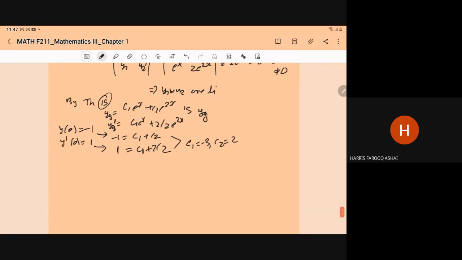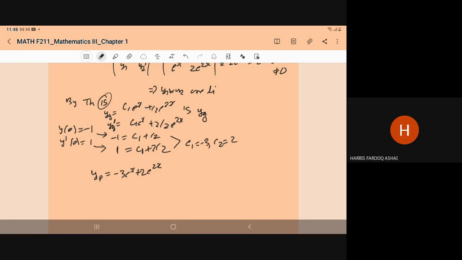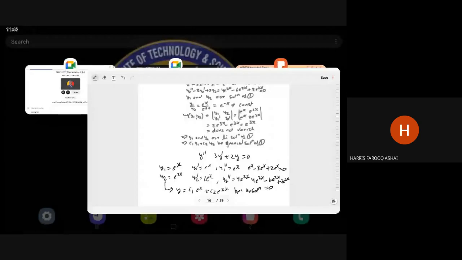So now it will become the particular solution: y is equal to -3 e to power x plus 2 e to power 2x. That is the particular solution, under some conditions you have determined this. So that is the way to determine the general solution and the particular solution.